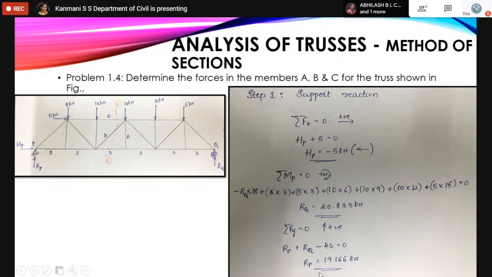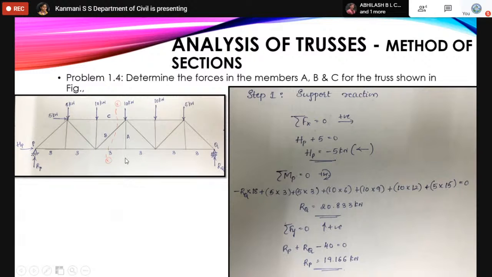Afterwards, I want Rq. To find Rq, I will take moment about P equal to 0. See this 5 into 3, which is clockwise. So plus 5 into 3, plus 10 into 6, plus 10 into 9. See, all these are moving in the clockwise direction about point P. This is point P. Plus 10 into 12, again plus 5 into 15.